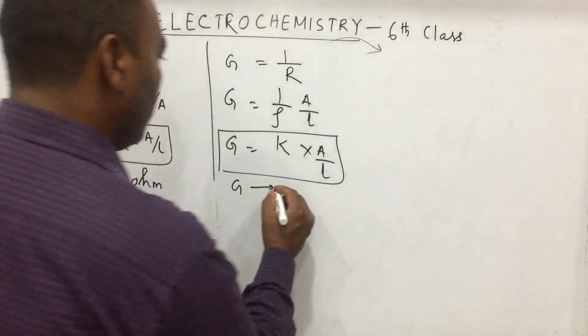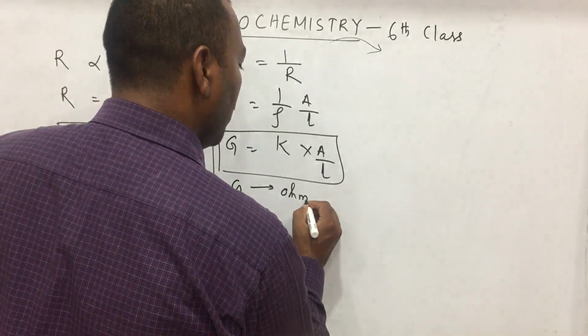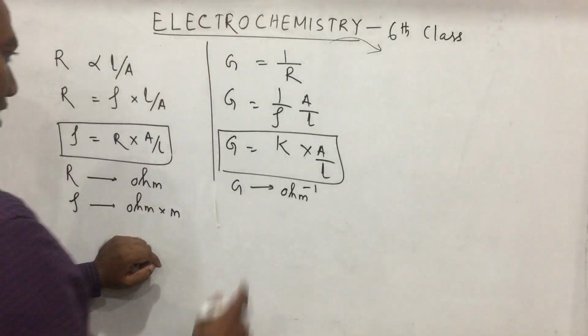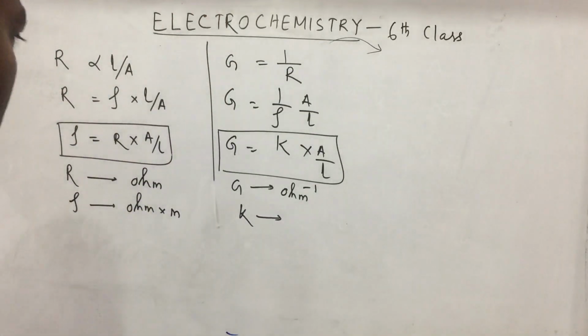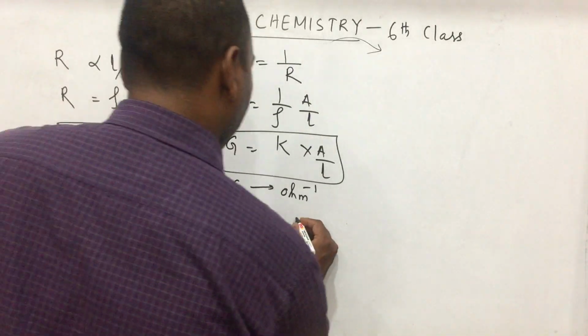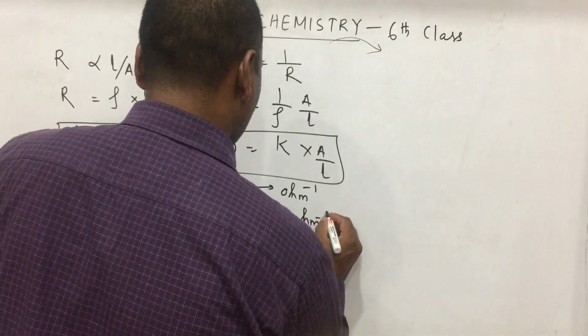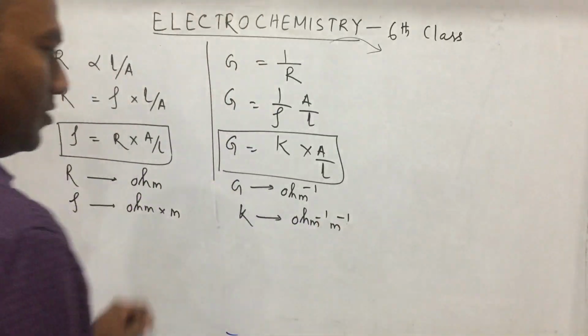Similarly, kappa is the reciprocal of resistivity, so its unit is ohm inverse meter inverse.